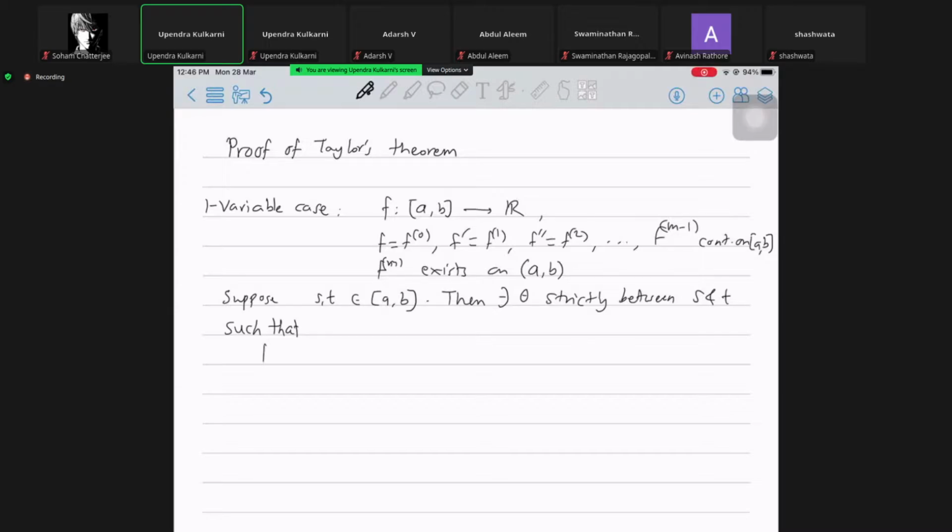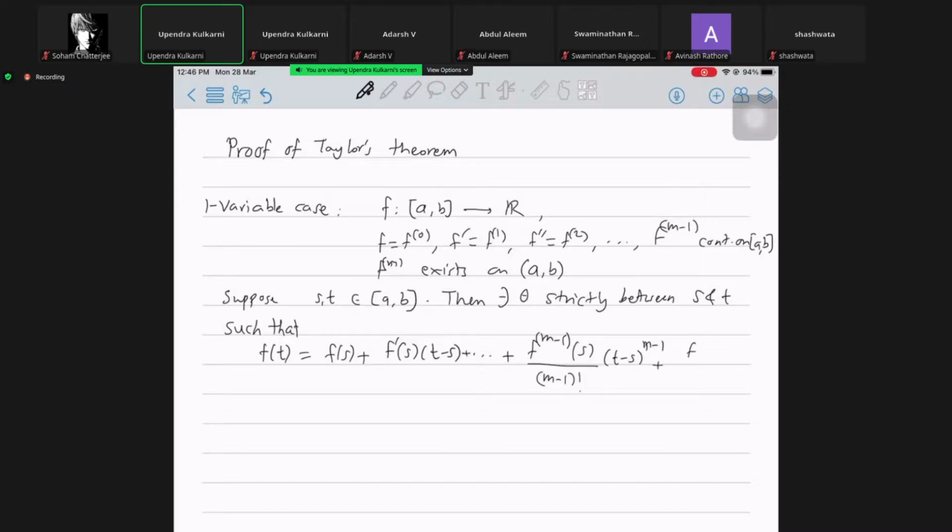So the familiar thing, such that f of t equals f of s all the way up to the m minus 1th derivative of f evaluated at s divided by m minus 1 factorial times t minus s to the power m minus 1.